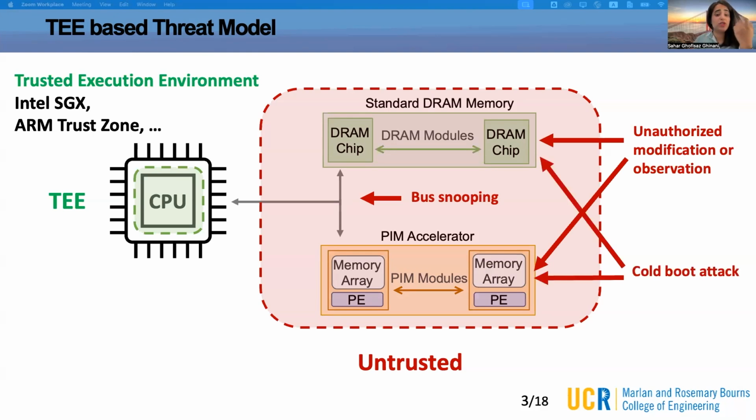They might try to launch a cold boot attack on the memories to retrieve some information. And also, there can be a backdoor in the PIM-enabled memory, which injects faults into the computation.